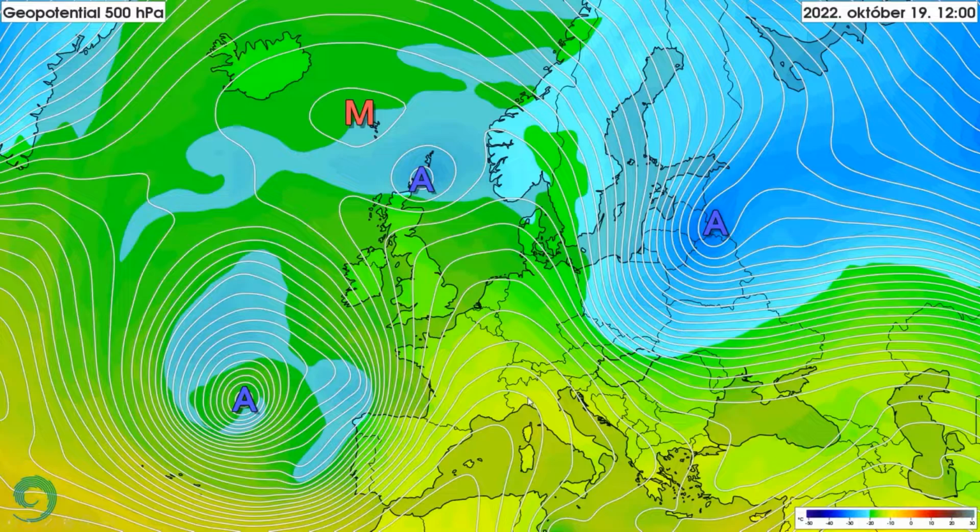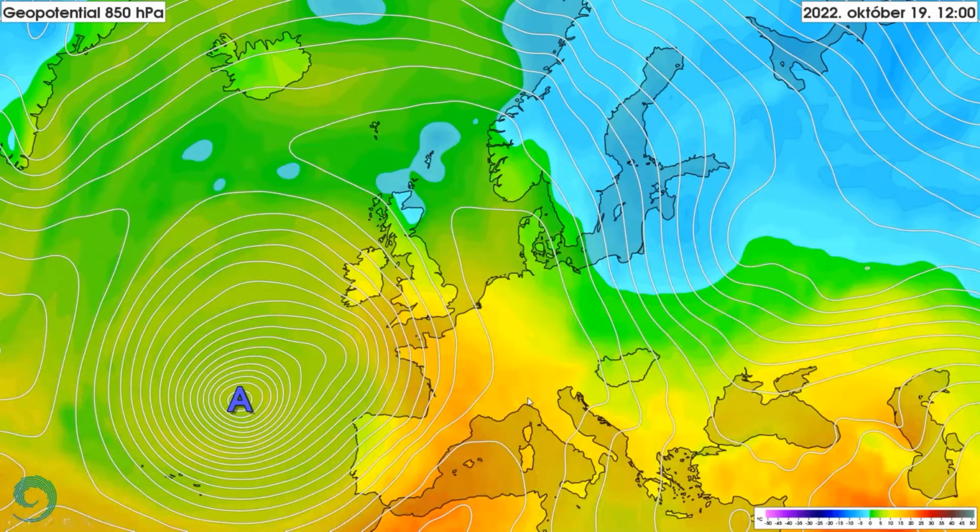At the lower levels you can see a big temperature contrast in the middle of Europe. So in the ridge, the air is mild or warm, so there is a big positive temperature anomaly. For example, in the west part of France and the east side of Spain.